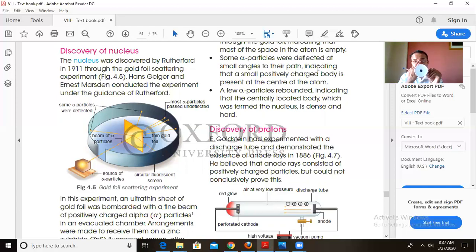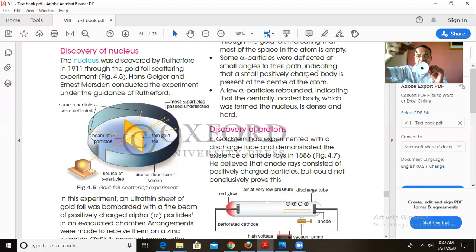Let us start. So dear friends, an alpha particle is being bombarded on this atom. When it is bombarded over here, it passes very easily, and it was seen on the fluorescent screen adjusted over here.